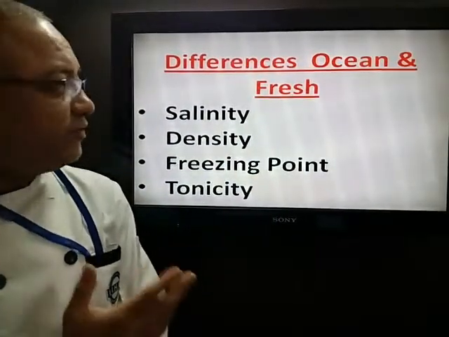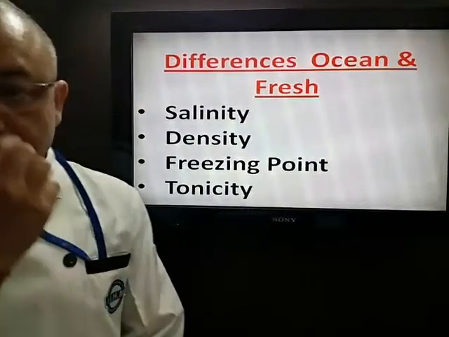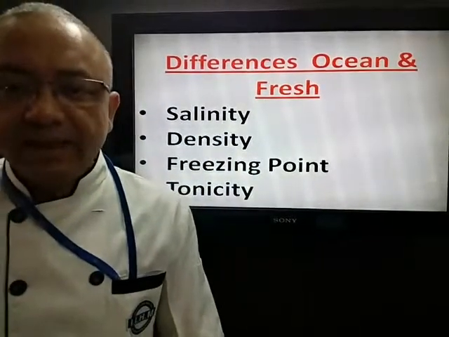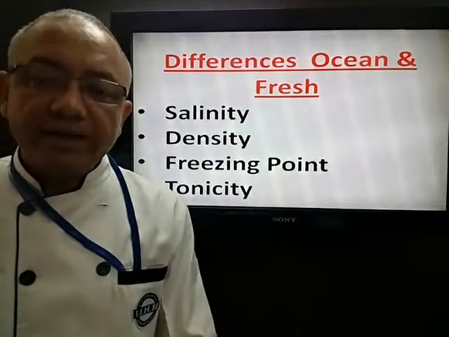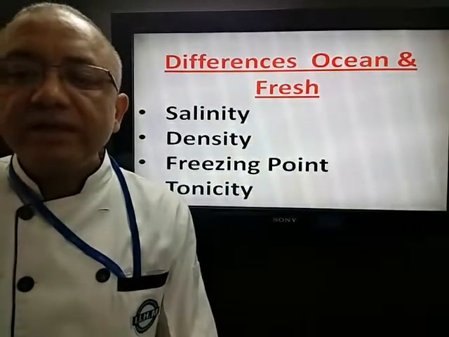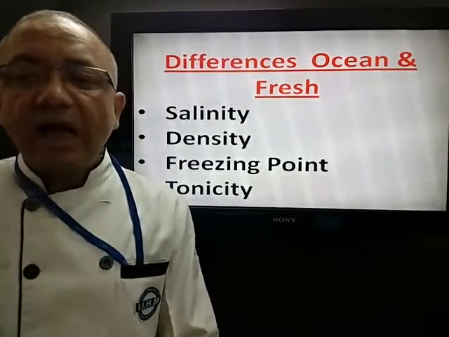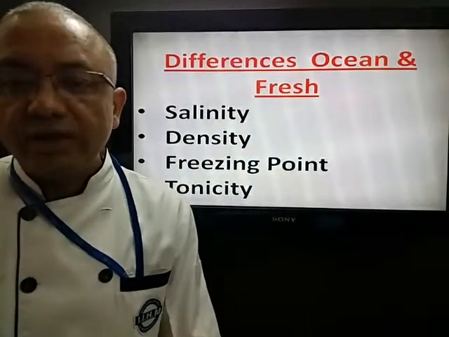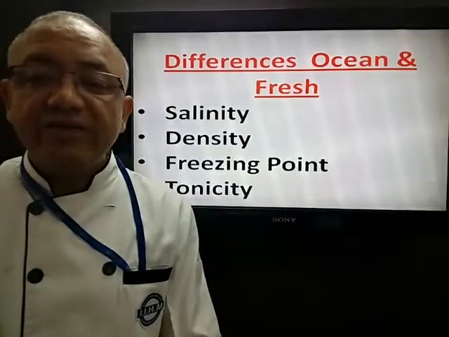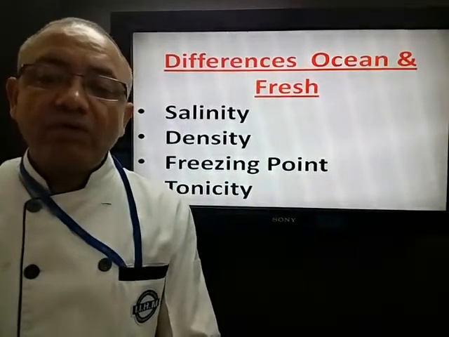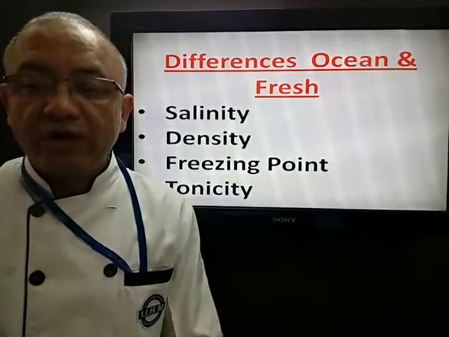The second thing we differentiate between the ocean and the fresh water is the density. Now, salt water is denser than the fresh water, because of the sodium chloride present in it. Plus, there might be some ions and minerals attached to it. This means that a given volume of the salt water is heavier than the same amount of the fresh water.